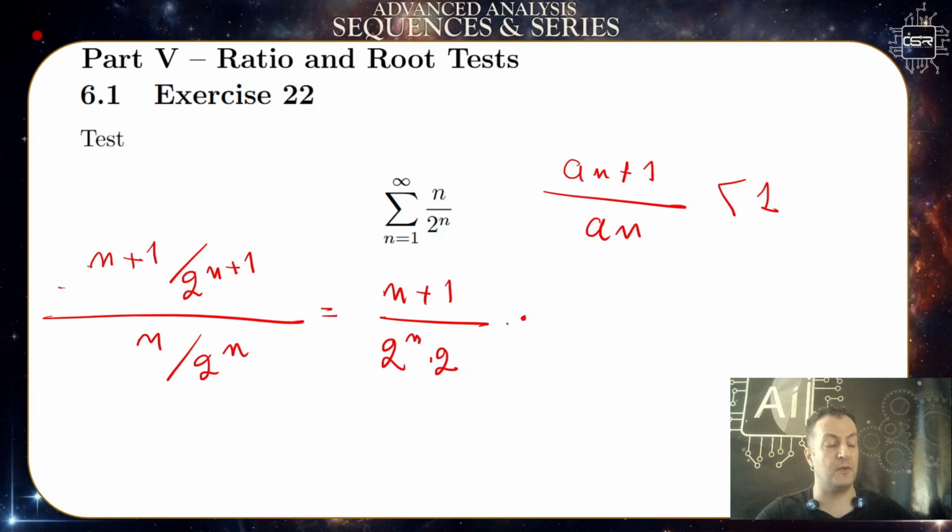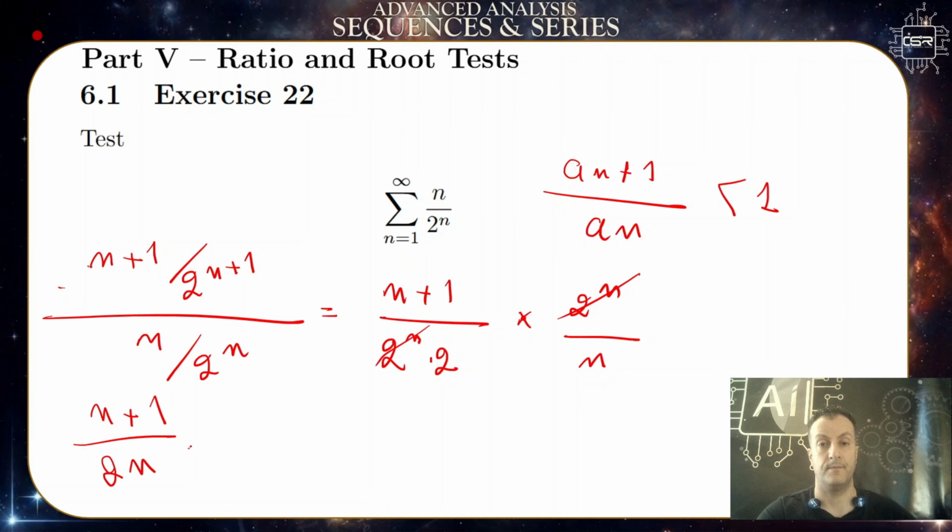And let's flip the denominator and multiply, times 2 to the power of n divided by n. Now, 2 to the power of n factors out in the numerator and the denominator, we are left with (n plus 1) divided by 2n.